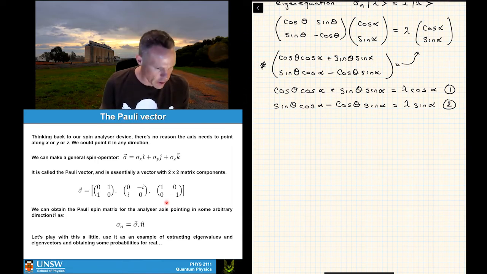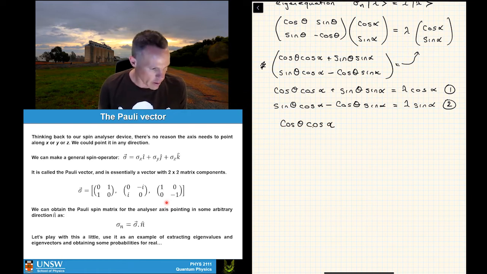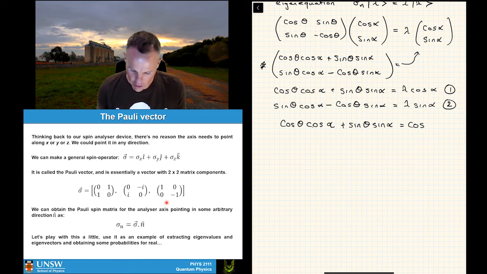And so what we're going to use here is two relations. One is that cos theta cos alpha plus sine theta sine alpha is equal to cos of theta minus alpha.